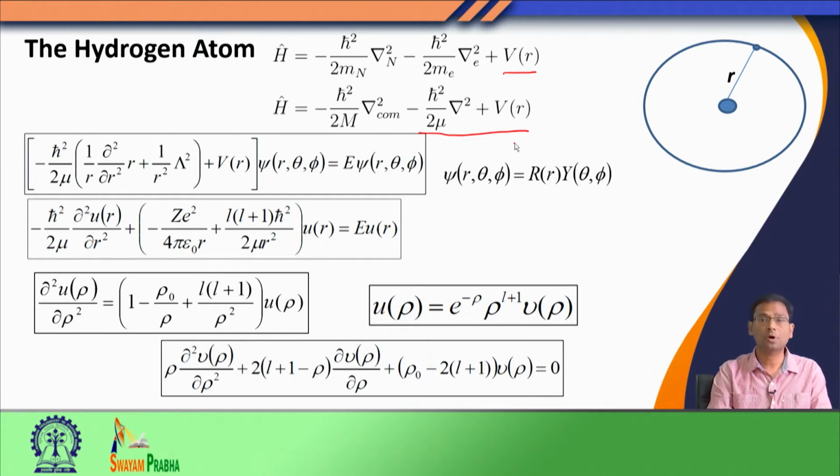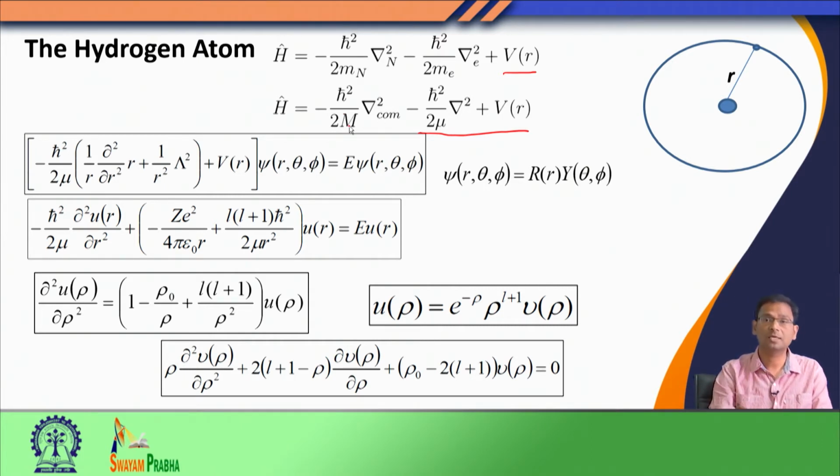In other words, we also can express these two terms. The first term involves the mass of nucleus and the mass of electron and the center of mass of the two body system, and since the mass of nucleus for hydrogen atom is at least 3 orders of magnitude greater than the mass of the electron, this center of mass movement is essentially dictated by the movement of the nucleus.